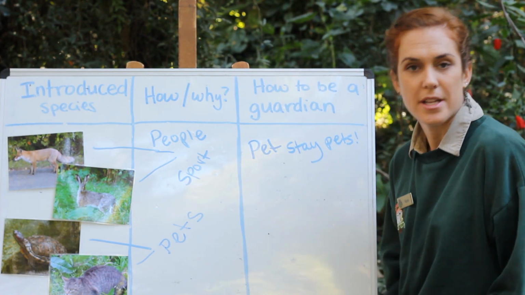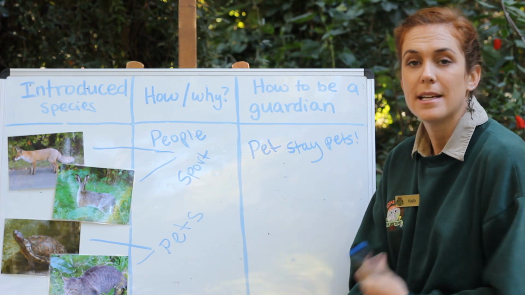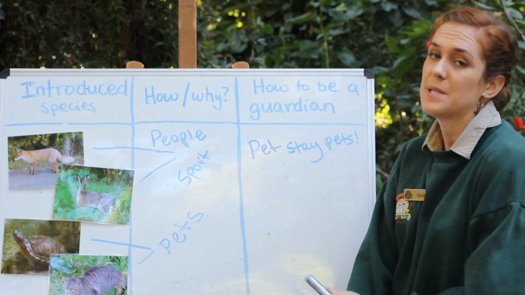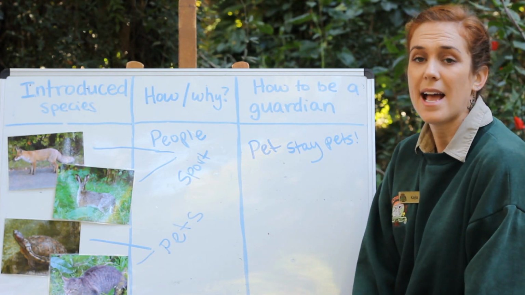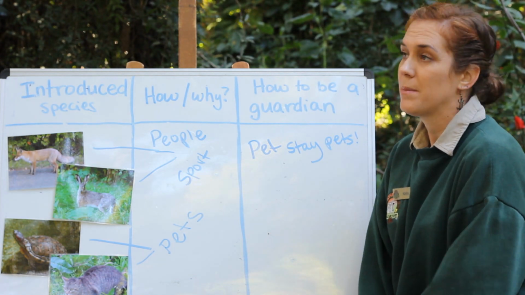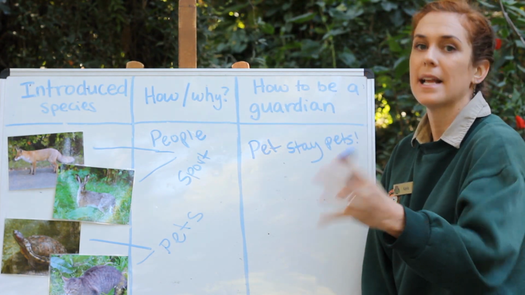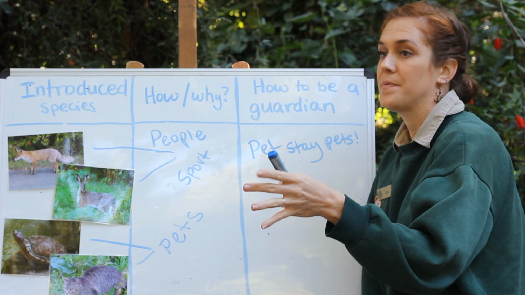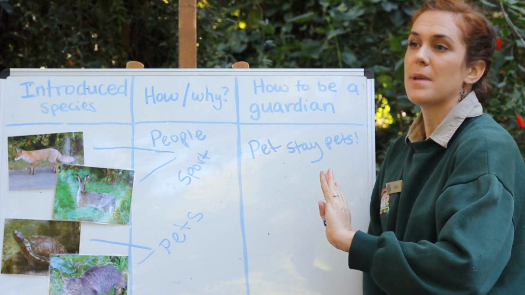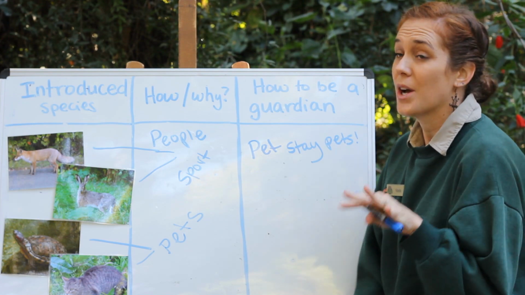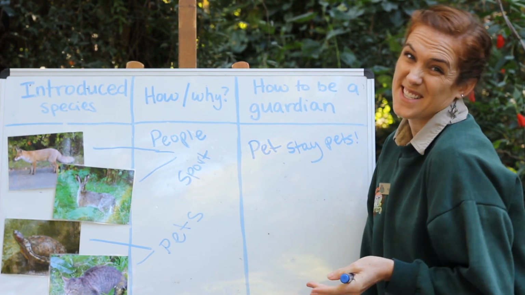One way that you can help if you have a pet cat: if it's possible, it's probably better for the cat to stay as an indoor cat, where it won't be able to go out and hunt for native wildlife. But if it is an indoor-outdoor cat, a cat that likes to go out during the day, maybe try to make sure that cat does come inside at night, because that's when cats are more likely to go out looking for things to hunt.